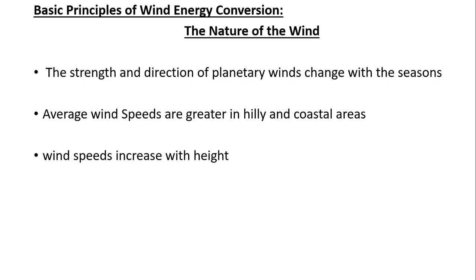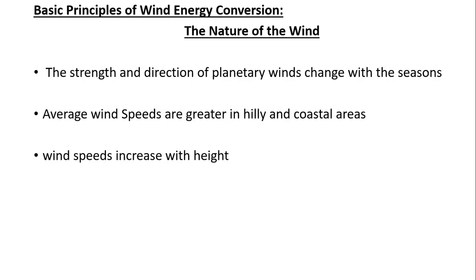And the total overall net effect is a large counterclockwise circulation of air around low pressure areas in the northern hemisphere, and there will be a clockwise circulation in the southern hemisphere.